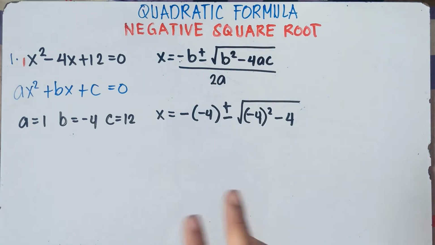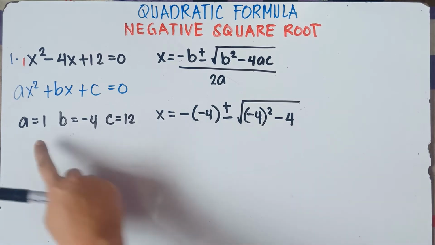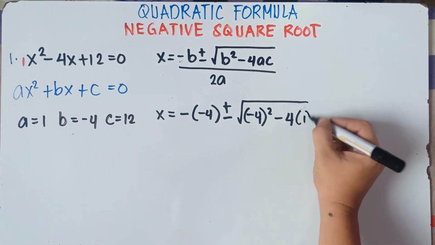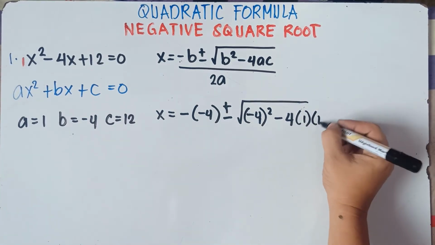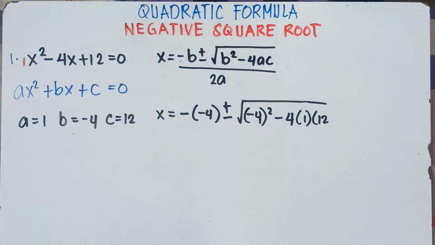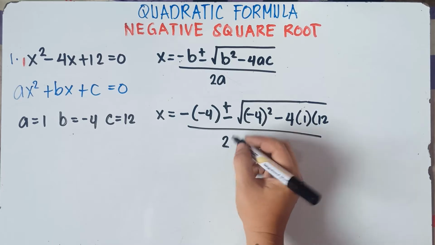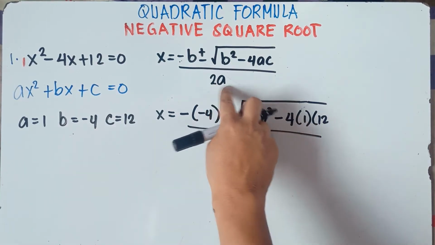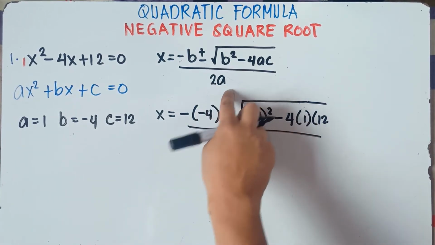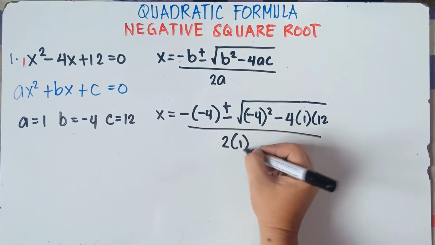So 4 times a is 1, 4 times 1, and then c is 12, times 12. Alright, so do not forget, all over 2a. If you have a number together with a variable, it means multiplication, 2 times a. Our a is 1, so 2 times 1.